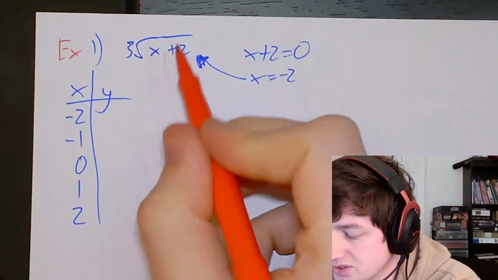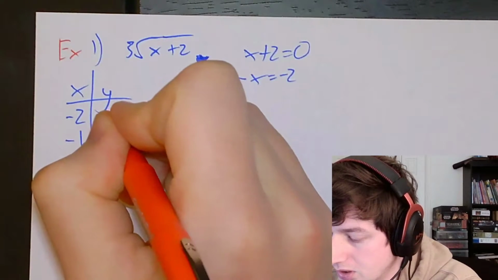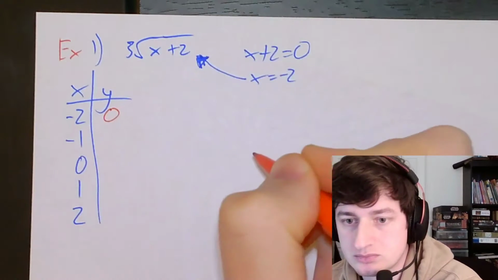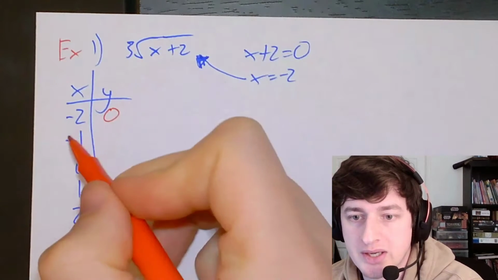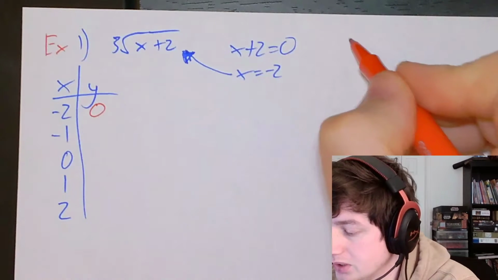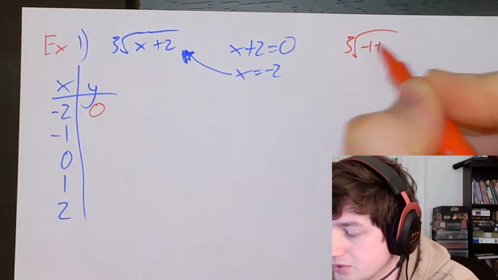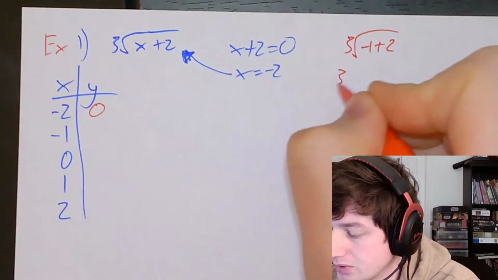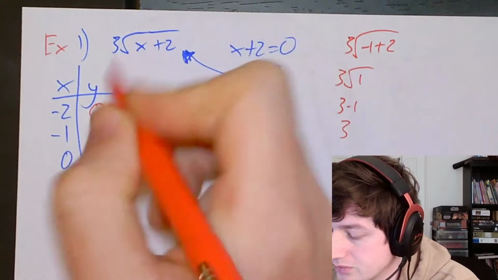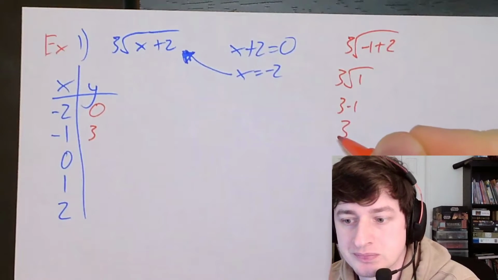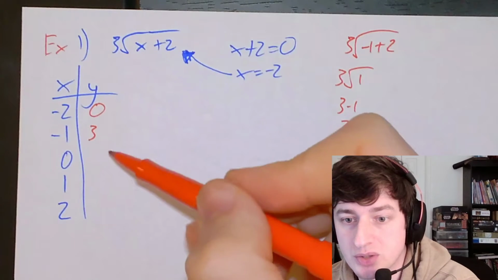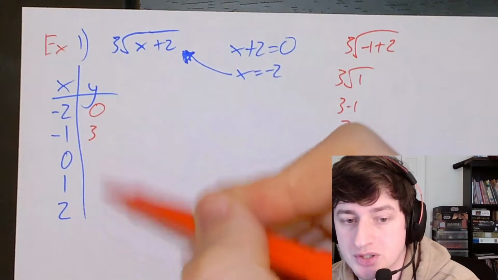So when we turn this into 0, we're going to get 0 times 3, still 0. When we put a -1 into here, I'm just going to work stuff out over here. 3 times the square root of -1 plus 2 is going to give me 3 times 1, which is just 3. So this is 3. This 3 is stretching it vertically, so we're actually going to get larger numbers down here.